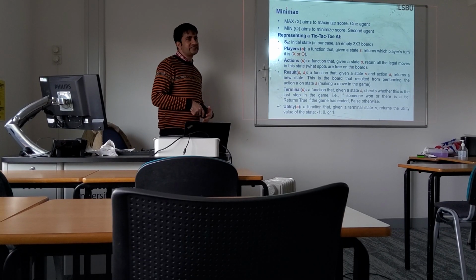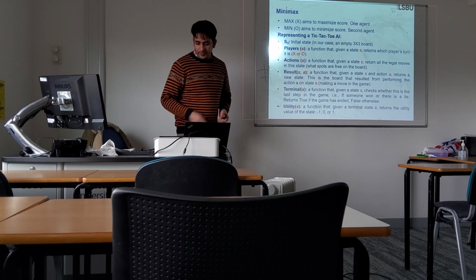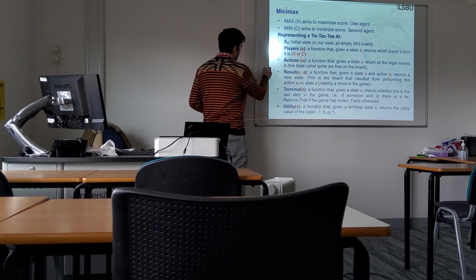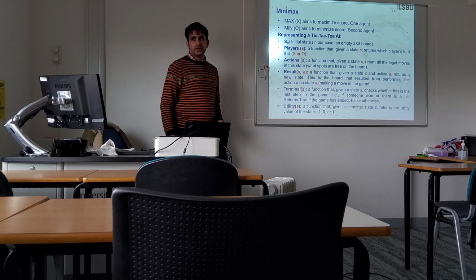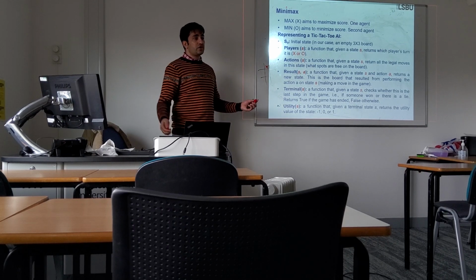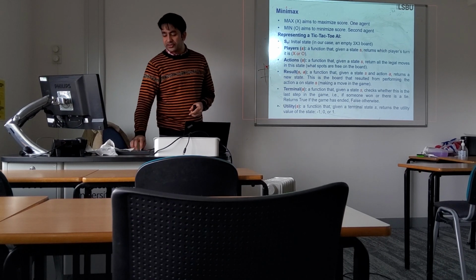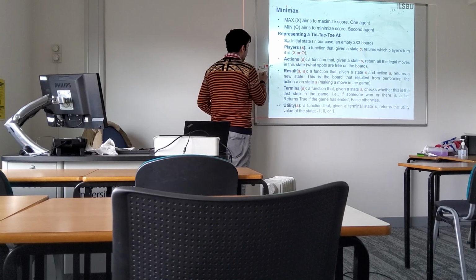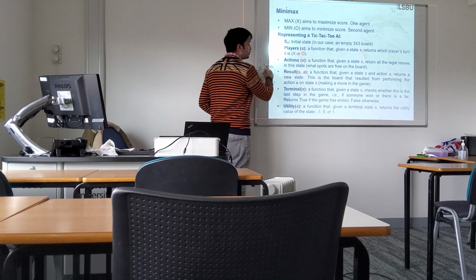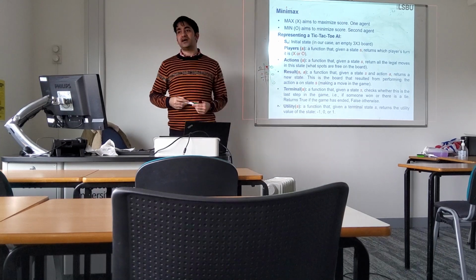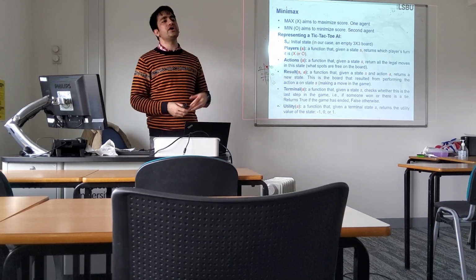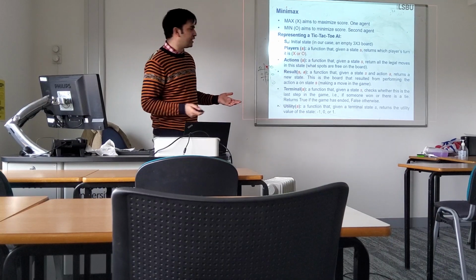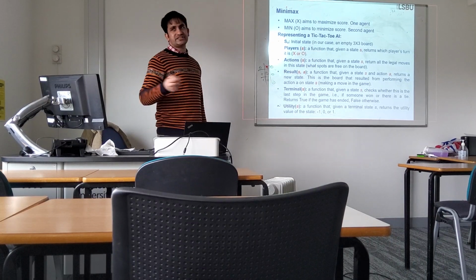What is an action? If, for example, I am putting a cross here, there are many actions that a circle can take. It can put here, here, here, here, here, here. These are all possible actions that a circle can take, but how it's going to choose is another story. We'll do that in a while. But these are the actions.